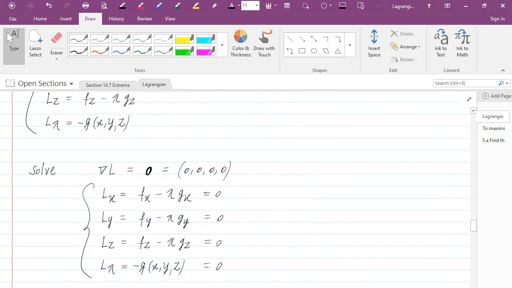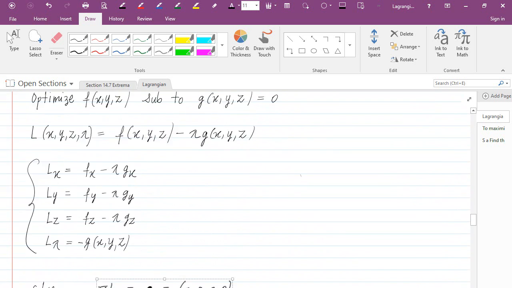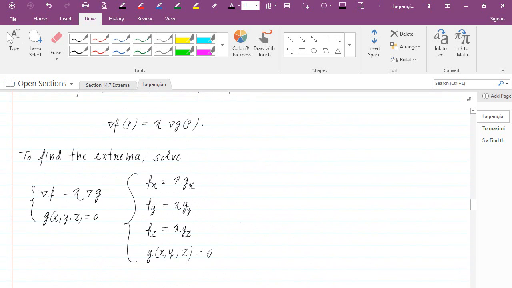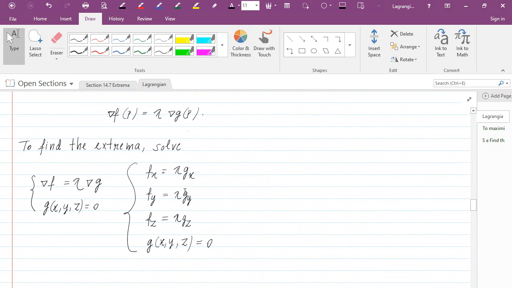In other words, the equation that the gradient of the Lagrangian is 0 is equivalent to this system of equations here.